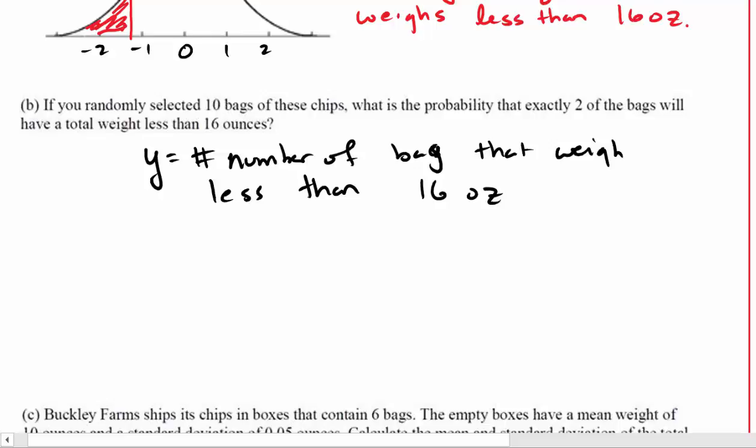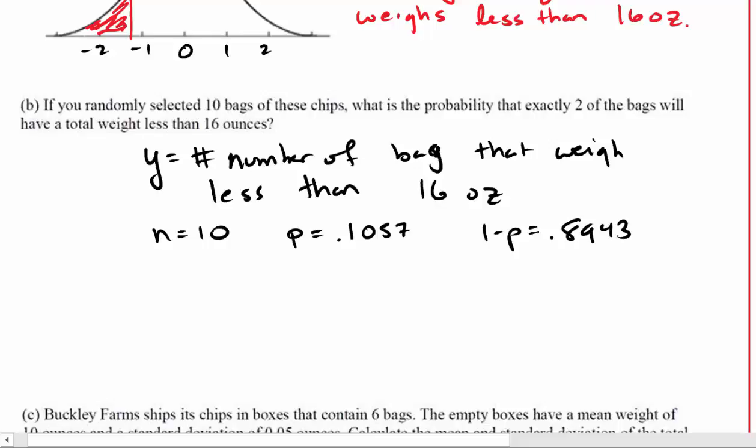Well, in order to calculate the binomial distribution, what we need to understand is, well, the number of trials is 10. And the probability of a success, we're going to use that value we found from part A, which is 0.1057 approximately. Now we'll let the calculator deal with the entire value. But then I also need the probability of failure, which is 1 minus p, which would be 0.8943.